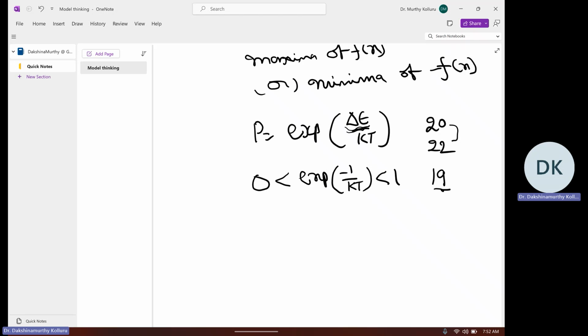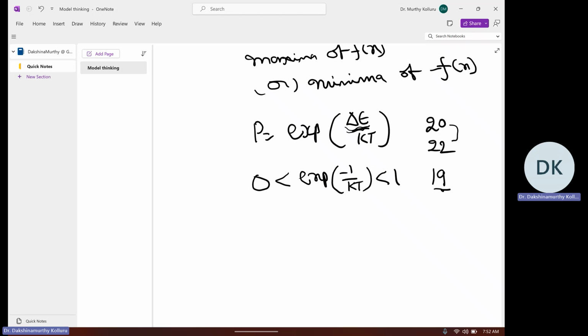So these are the two ways of solving maxima and minima. The equation that we learned, exponential minus delta E by kT, works, and it always tries to take you to the lower value. Always a lower value is accepted if the neighbor has a lower value. If it has a higher value, it's accepted with a probability.